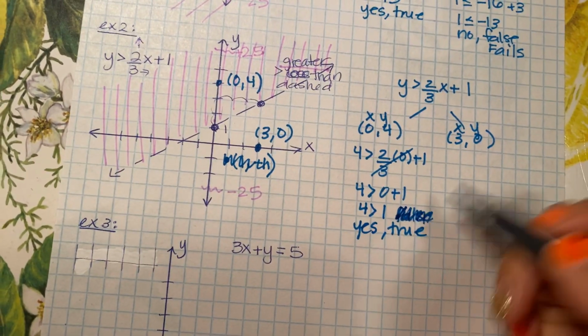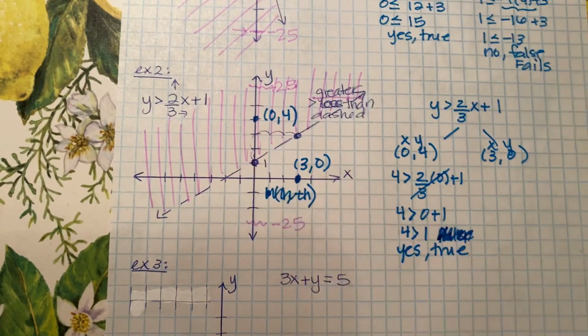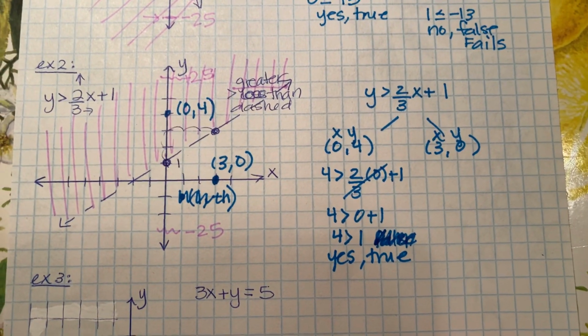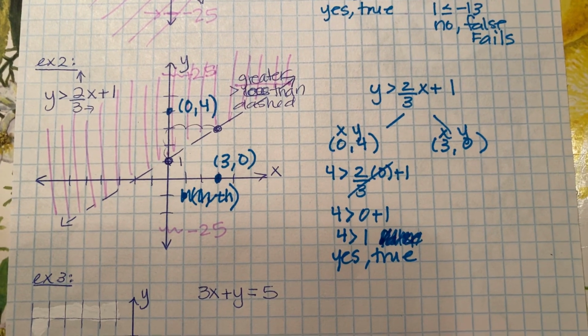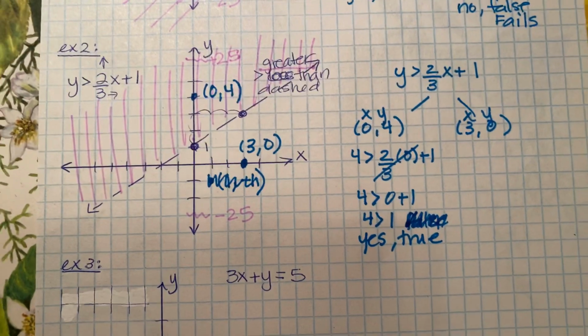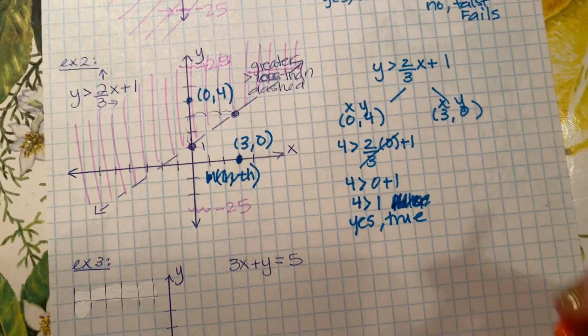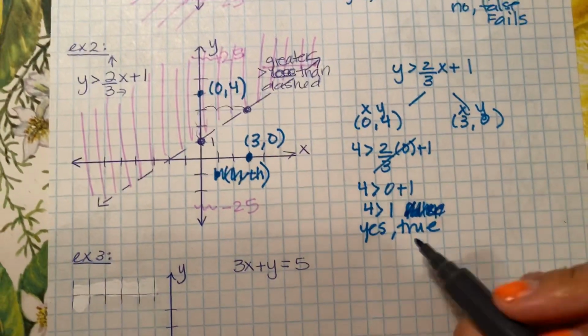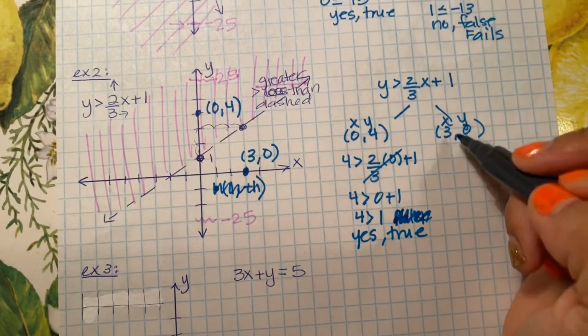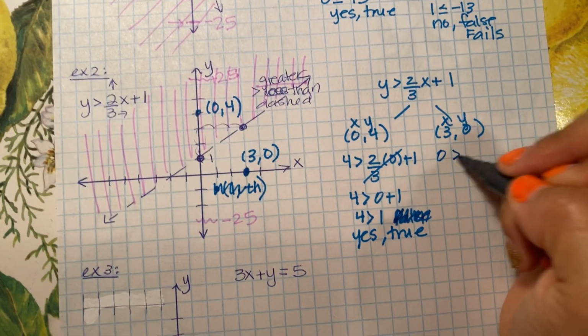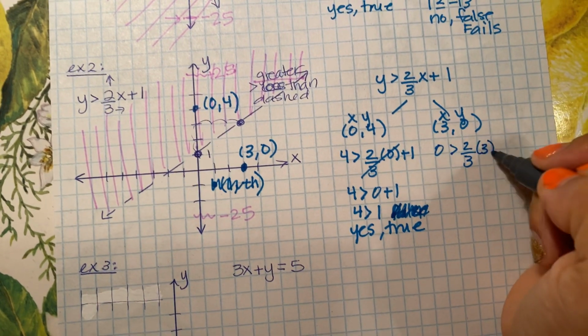So that's why my 0, 4 is in the shaded region. I write with the phone over my vision, so I kind of go off memory. Okay, so let's throw the 3, 0 in. 0 greater than 2/3 times 3 plus 1.